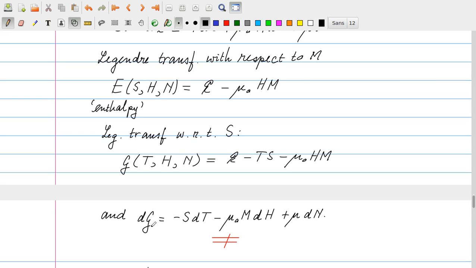So this G is a function of the parameters that we usually have under control. That is the temperature, the external field, and the number of particles.